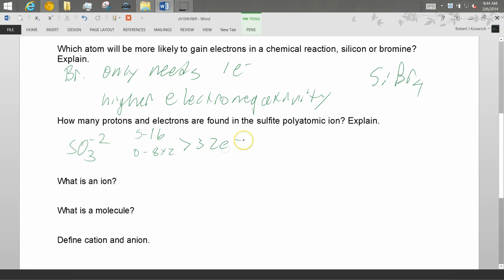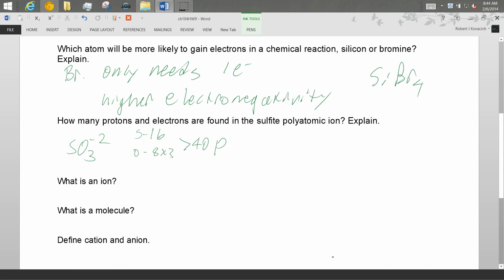So I have 32 total protons. Isn't it times 3? Yeah, there's 3 oxygens. 24. My bad. So 40? Yes. So 40 total protons.